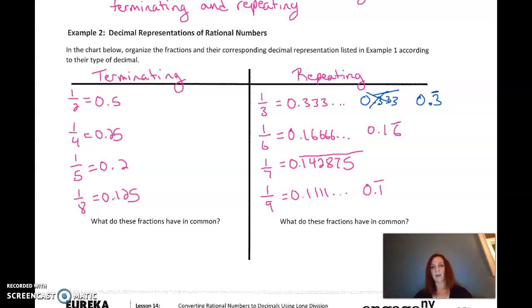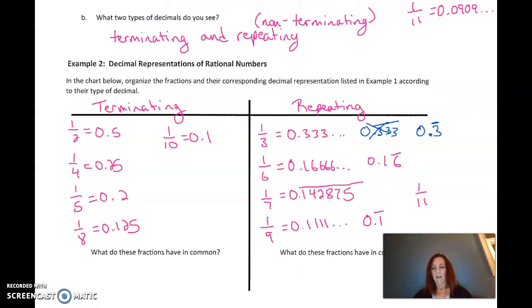I'm running out of room here, but 1/10 doesn't go there. 1/10 is 0.1, and 1/11 over here is 0.09. I put the bar over the 0 and the 9 because that's what's repeating.